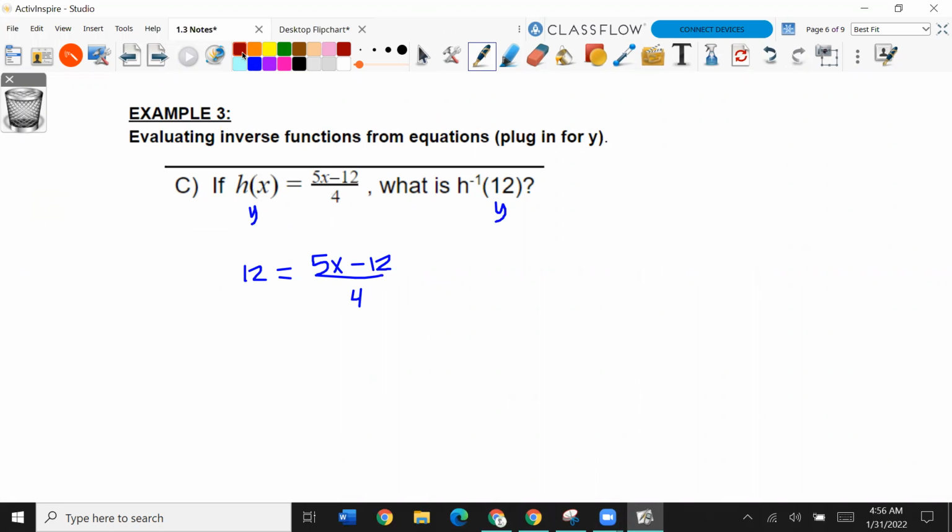All right, we'll go through this kind of fast. We're going to multiply both sides by the 4 down here, get rid of that denominator. So it's going to be 48 equals 5x minus 12. Now in this problem here, we want to add the 12 to both sides. And 48 plus 12 is 60.